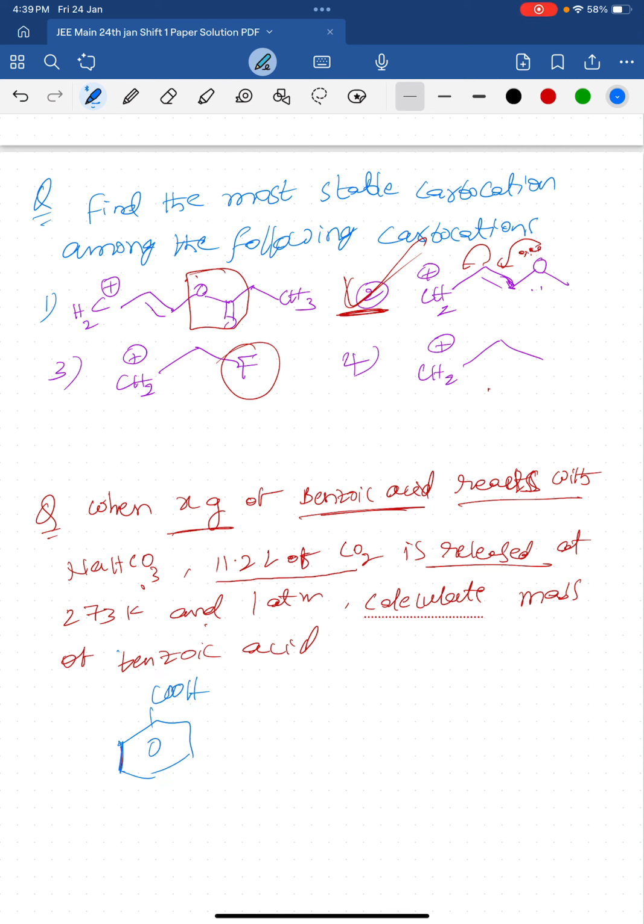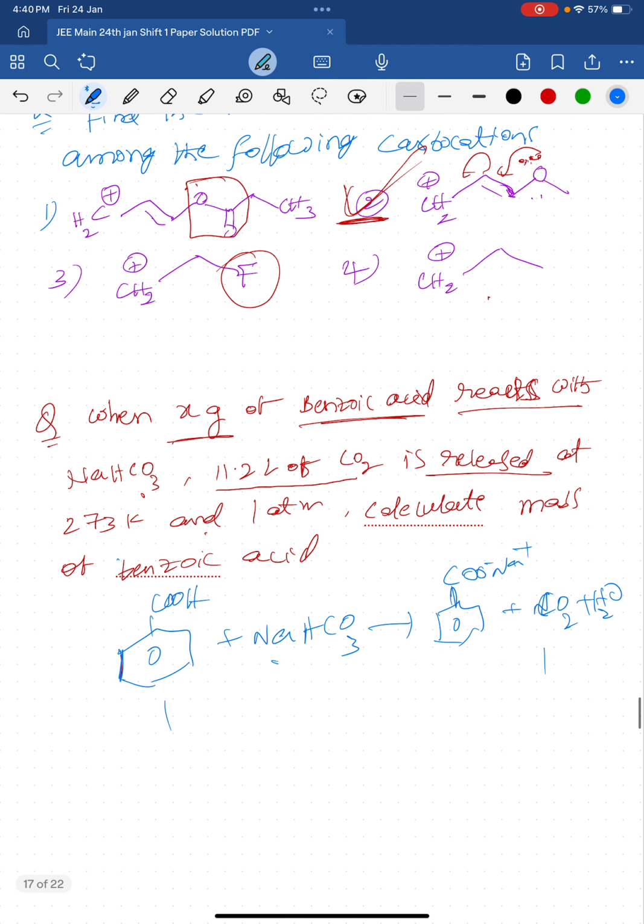When I treat it with NaHCO3, CO2 is released, along with the sodium salt. So 1 mole reacting gives 1 mole of CO2. Got it? The CO2 is from the bicarbonate, not from the acid.